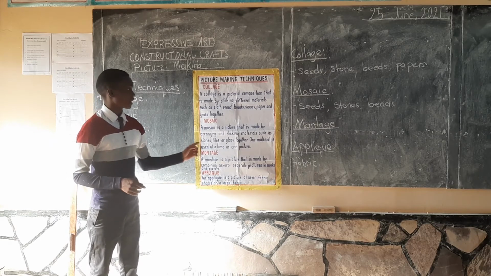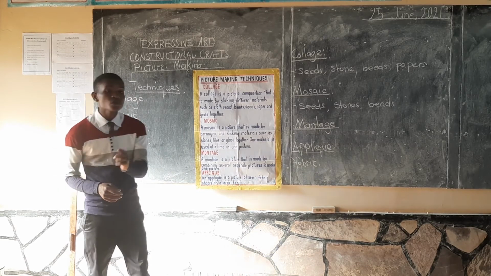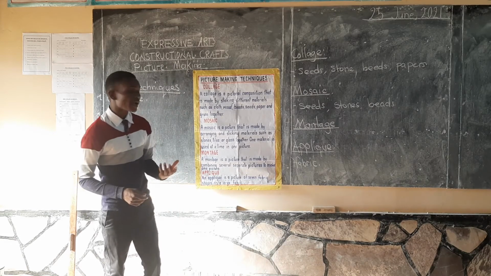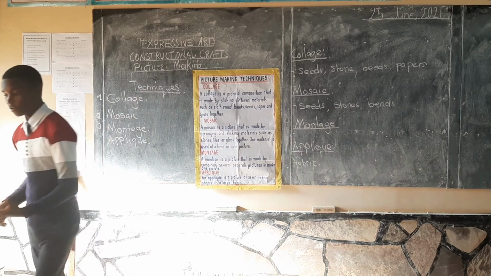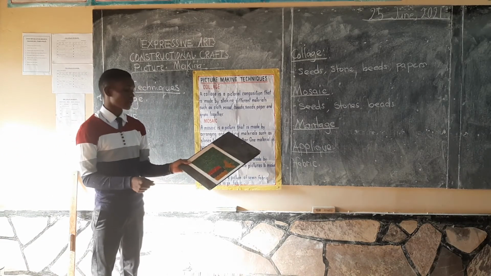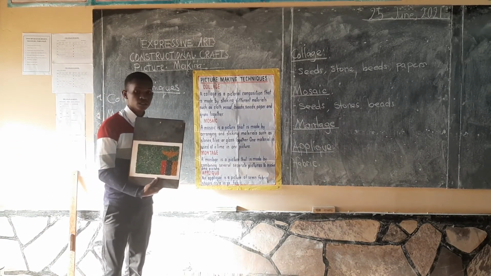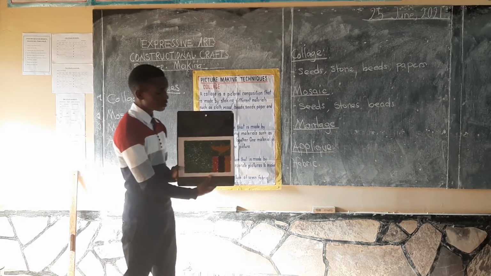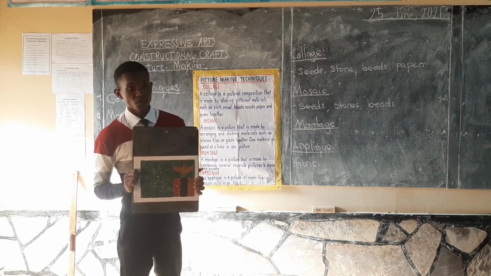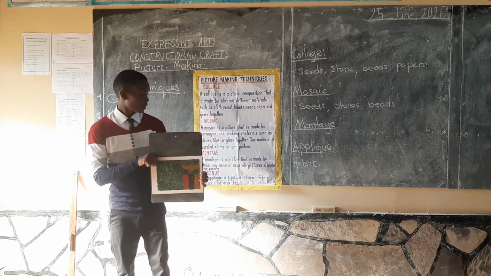But under mosaic, you need to just use one material only. You don't need to combine different materials. For example, I've talked about this one example of a mosaic where we used only one material, which is beads. We use the beads to make this one.